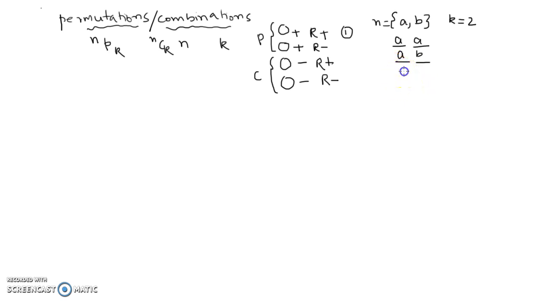And for my third subset, I can choose B and then A. If you look at it here, AB and BA have the same elements but in a different order. So when we say ordering matters, that gives us two different unique subsets, which is determining our uniqueness here. And then I can choose B and B again because I'm allowed repetition. So for case one, which says that repetitions are allowed, I have four different unique subsets.